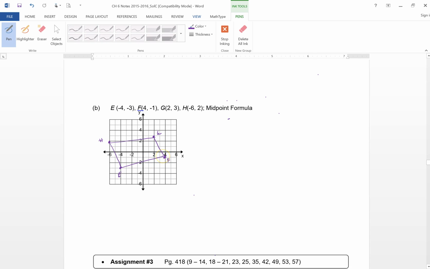Okay, if we want to use the midpoint formula, we want to see whether the diagonals bisect each other. Meaning, do both diagonals have the same midpoint?